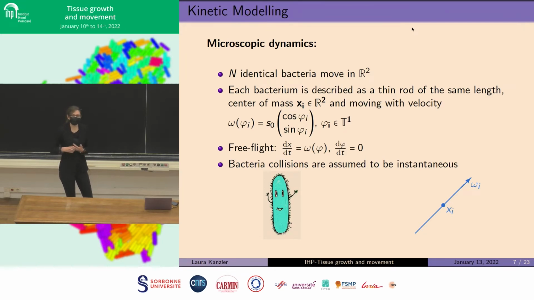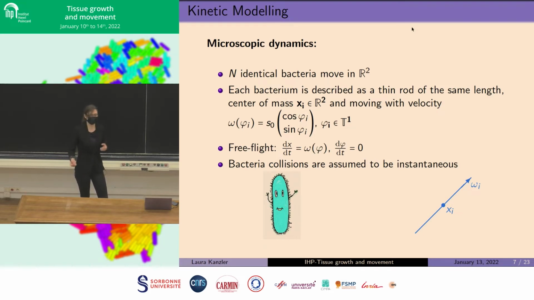Then we assume in the free flight phase, so if a bacterium doesn't interact with any other bacteria, it just goes on with its velocity omega. So omega is just (cosine, sine) of the angle, and the velocity angle doesn't change in this first model approach here. And then what happens if two bacteria collide? We assume that this collision happens instantaneously.